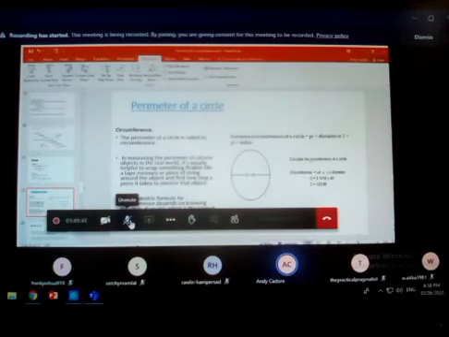Pi is said to be a constant of 3.142. What that means is, whatever size circle you have, the diameter is the longest distance across 2 touching ends of the circle. That is the easiest way to describe it.